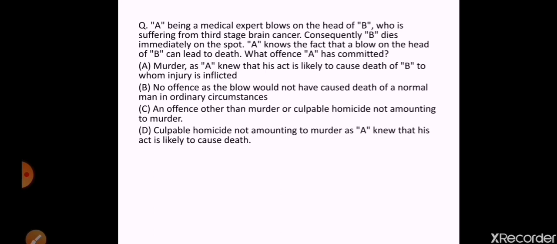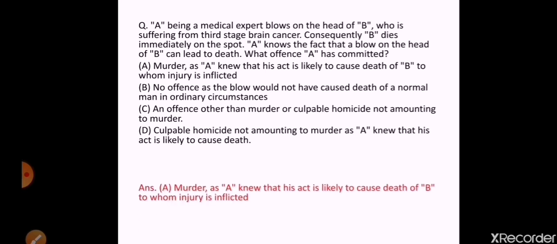D: culpable homicide not amounting to murder, as A knew that his act is likely to cause death. So the correct answer is option A, murder, as A knew that his act is likely to cause death of B, to whom injury is inflicted. This was asked in the MP Higher Judiciary in 2017, and this is again under section 302. He will be convicted under 302 of the IPC.